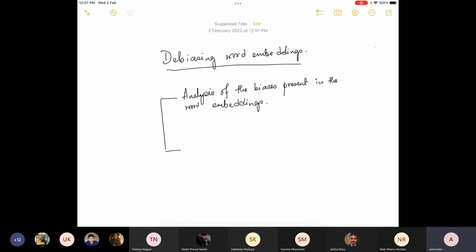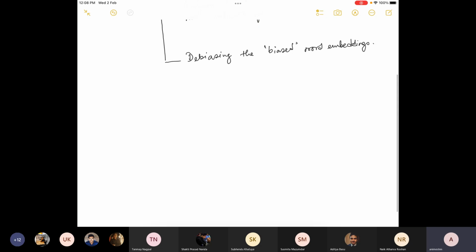While the other part was debiasing the biased word embeddings. These were the two main objectives that they started off with. Now we will slowly, step by step, discuss each of these one by one.